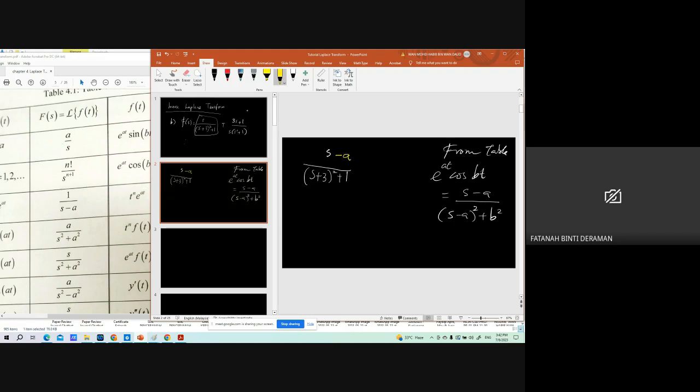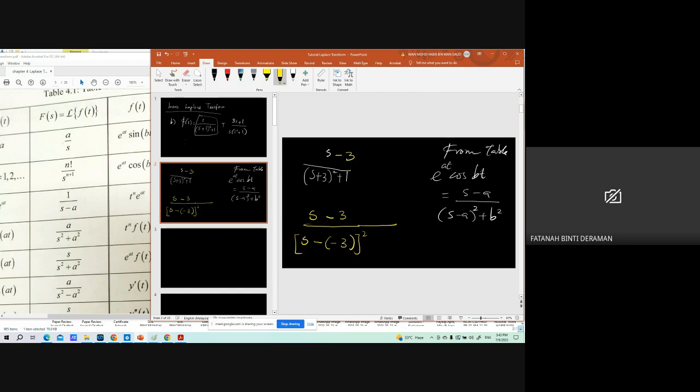Here a is minus 3, so it should be s minus 3, so that we can get s minus a. So what should we have? We should have s minus 3 over s minus 3, and then the square.